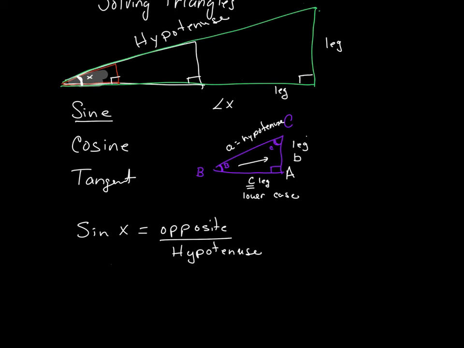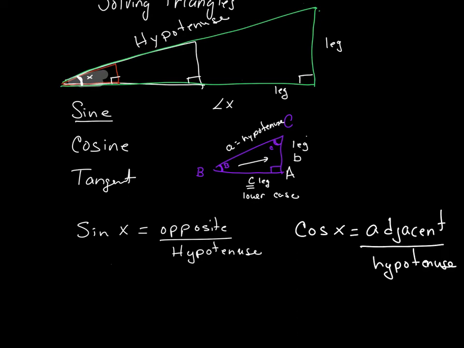The next trig function we're going to talk about is the cosine, and the cosine has a similar relationship, only that one is the adjacent over the hypotenuse. Now, the word adjacent just means that it is touching that particular angle.